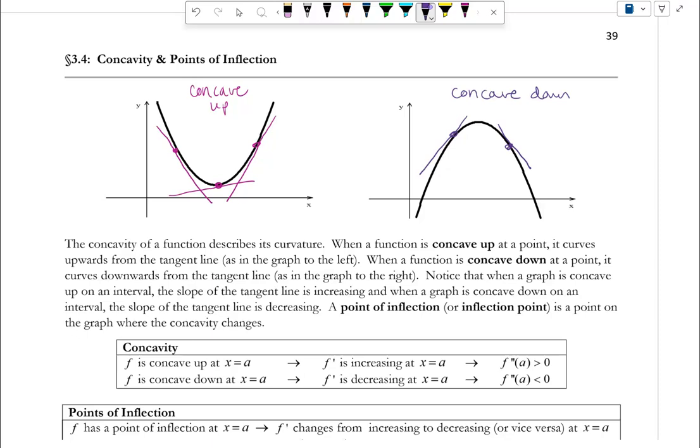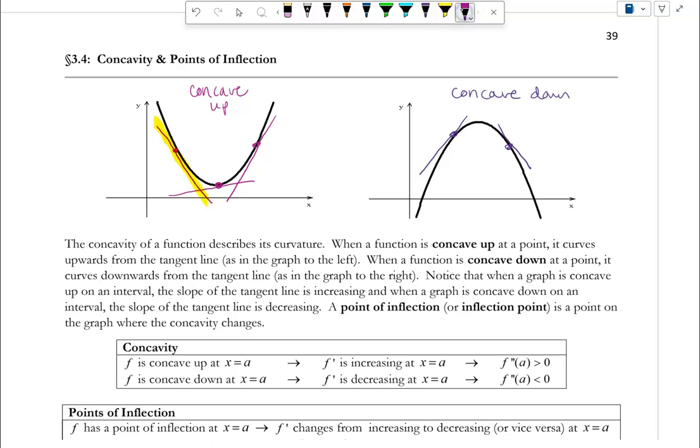And a function can change concavity, and when that happens, we call that a point of inflection or an inflection point. If I think about it, a function is concave up where its first derivative is increasing. Again, if you imagine the slope of these tangent lines, this one has a negative slope, right?